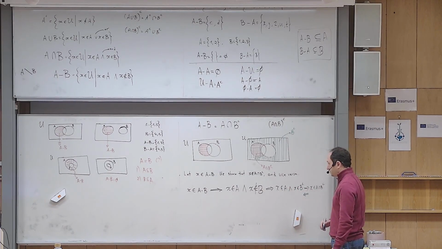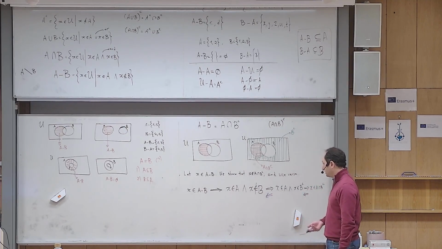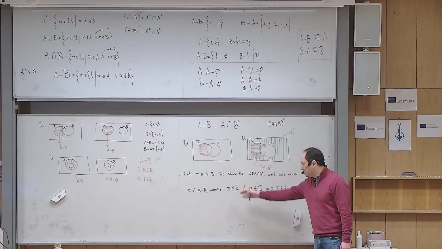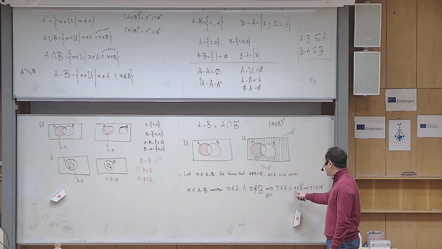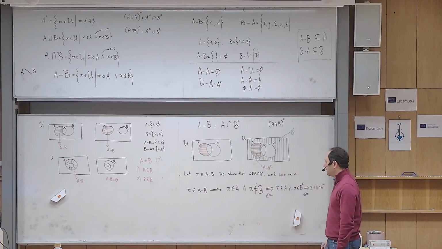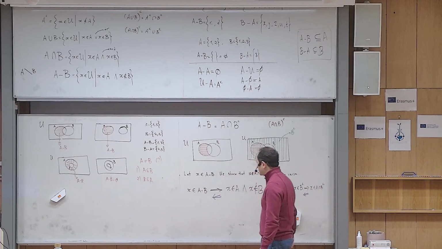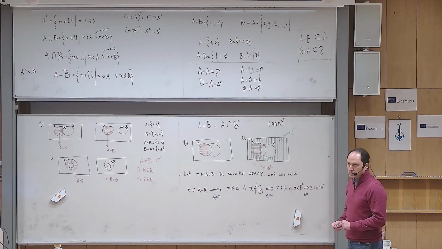So this step is possible. X belongs to A is just copied and pasted. And if X belongs to B complement, it is guaranteed that X does not belong to B itself. And based on the definition of subtraction of two sets, that is also reversible. So I'm on the safe side.